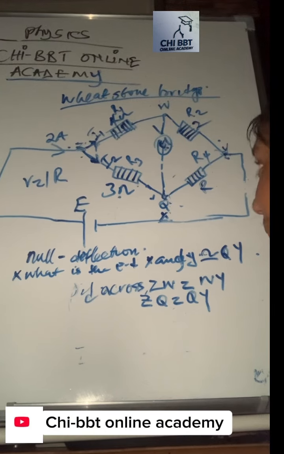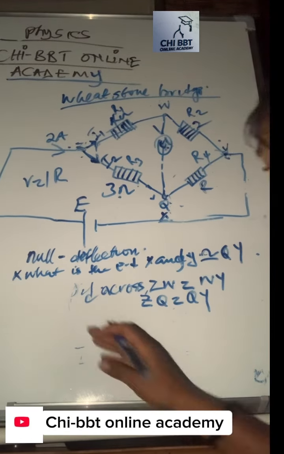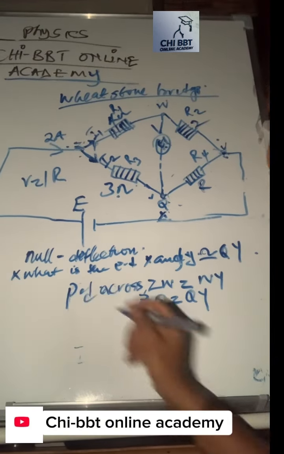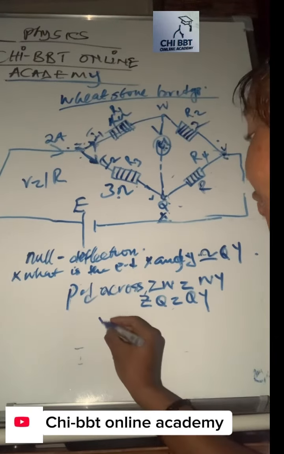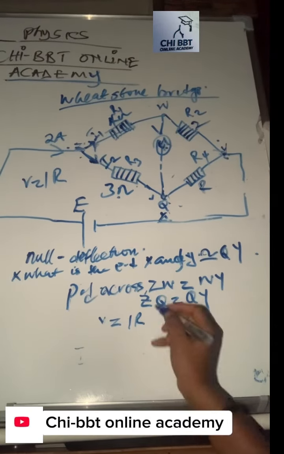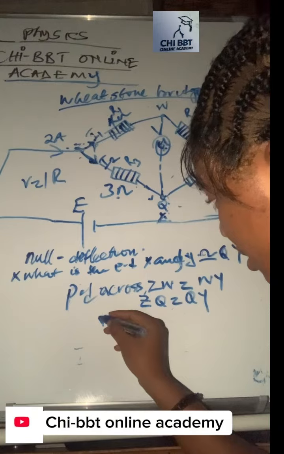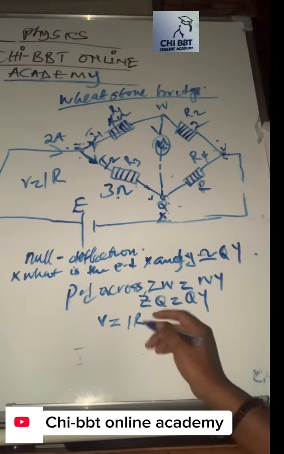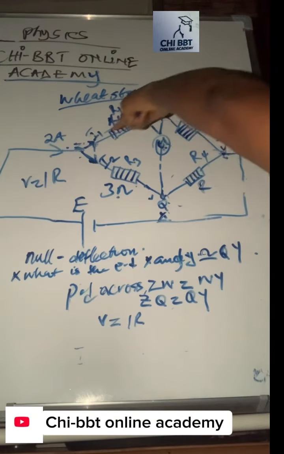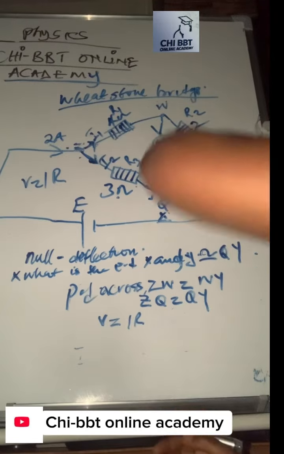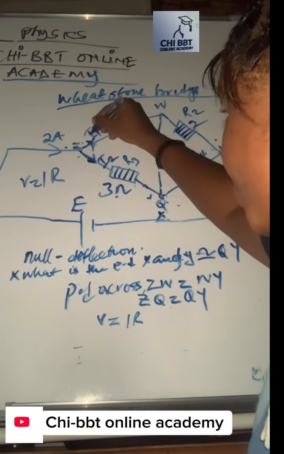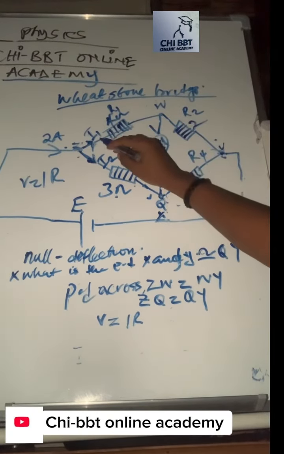Coco, are you there? Yeah. All right. So that's for the PD. From Ohm's law, V equals IR, right? We are trying to prove, but I'm not going to prove it for you. If I prove, it's going to be long. This is I1.